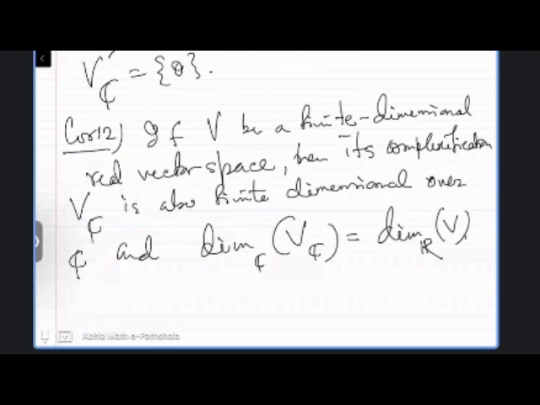Although you are enlarging your field, the dimension remains the same because it is the complexification of the real vector space.